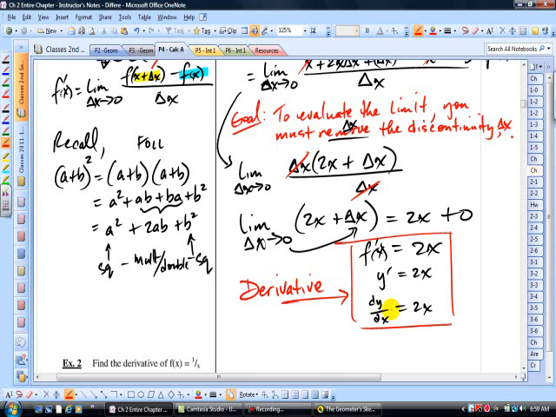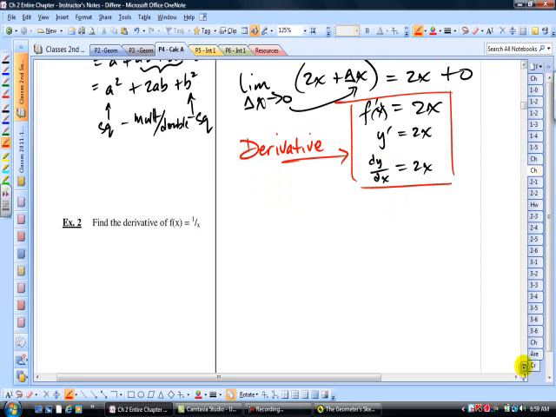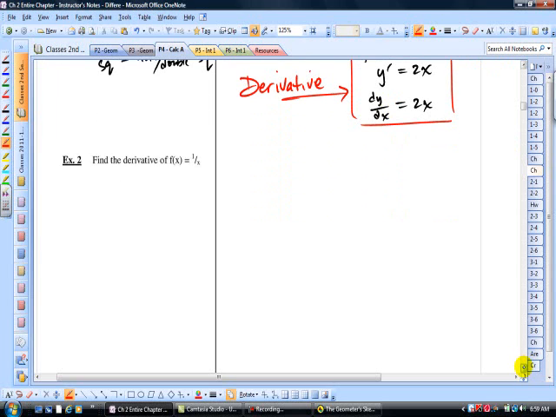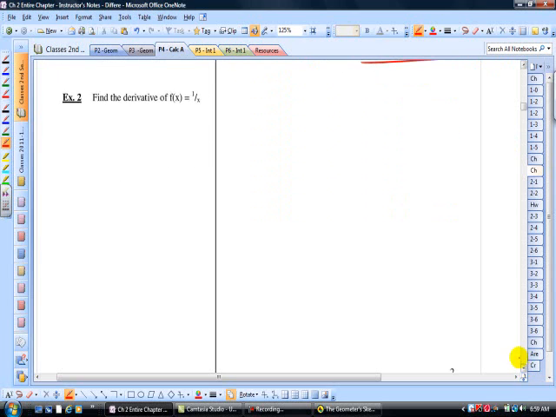Okay, so I did it for a polynomial, x squared. Now I'm going to do it for a rational function, 1 over x, and then I'll do it for a root function to give you the three basic types of functions that you need to learn how to take the derivative of.